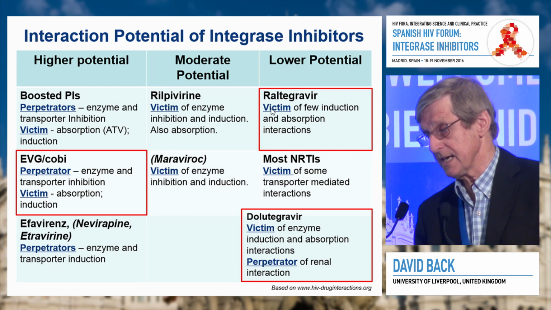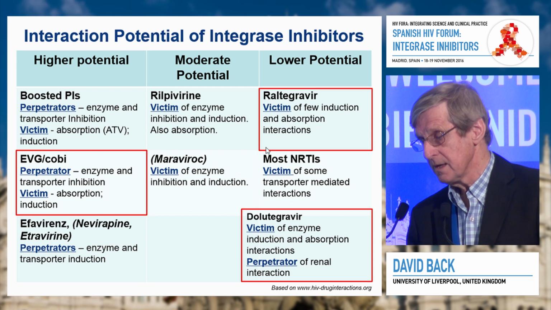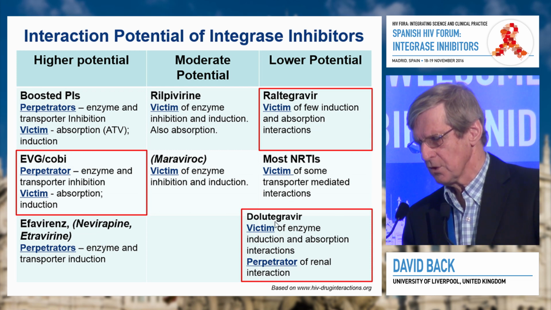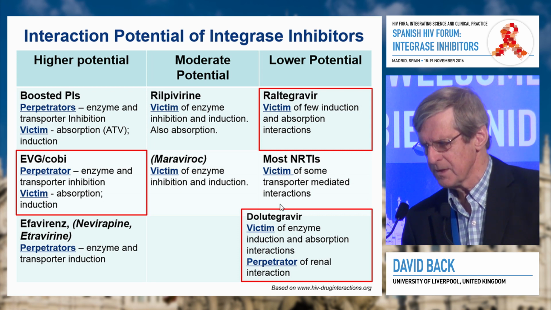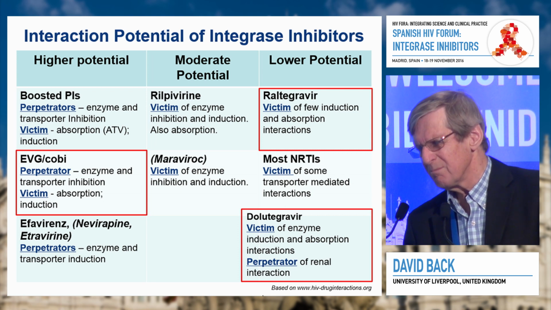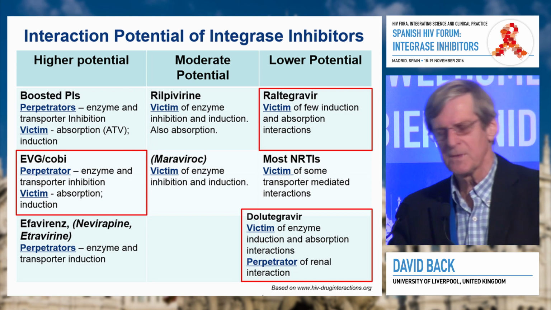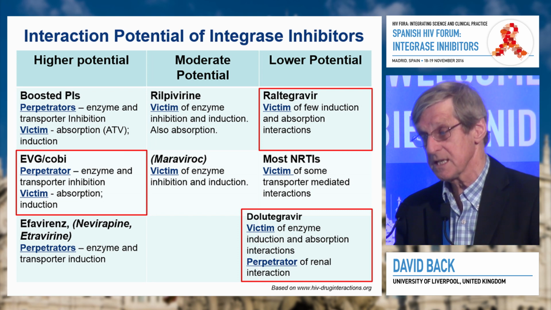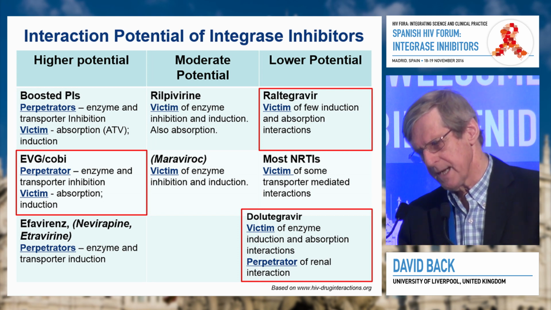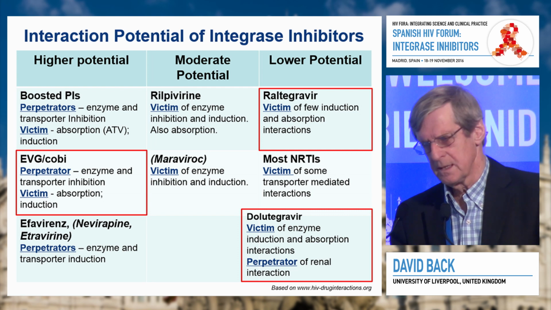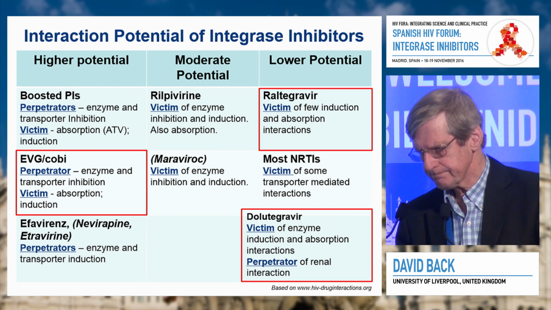Of lower interaction potential are raltegravir and dolutegravir. Dolutegravir has a little bit more interaction potential than raltegravir, but ultimately they have comparatively few drug-drug interactions. There are some important ones, but comparatively few compared to a boosting drug such as cobicistat.